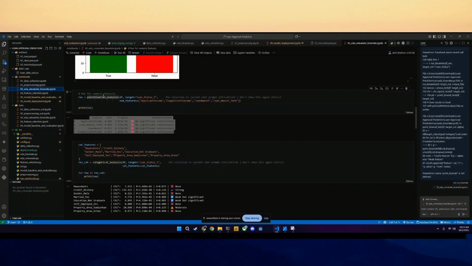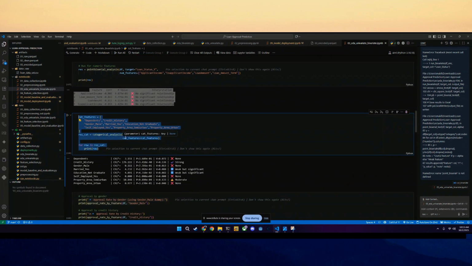So here I am calling the point biserial. This is for all the numerical columns. If it has a higher value, as I mentioned, it means this feature doesn't contribute much towards the model performance. Next one is the categorical features, categorical columns.